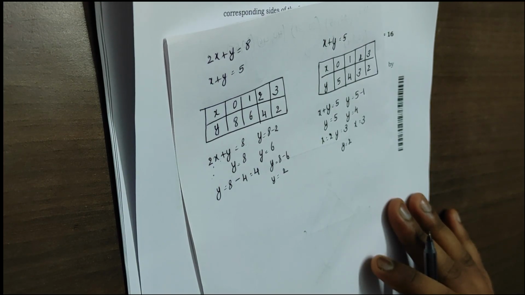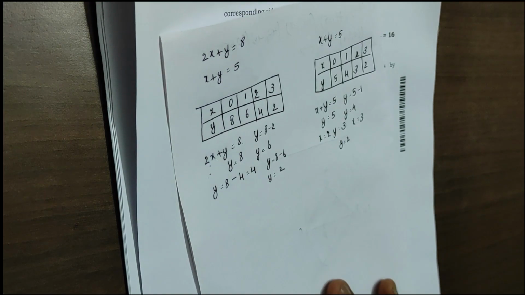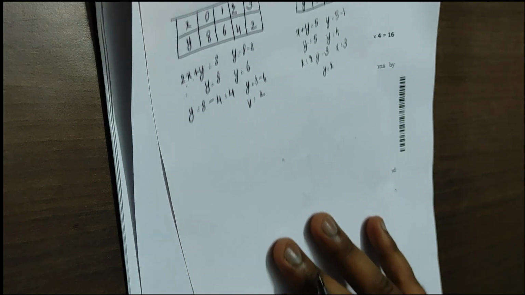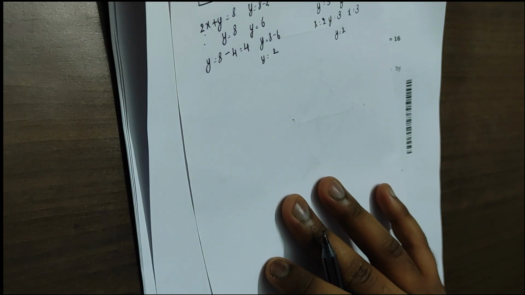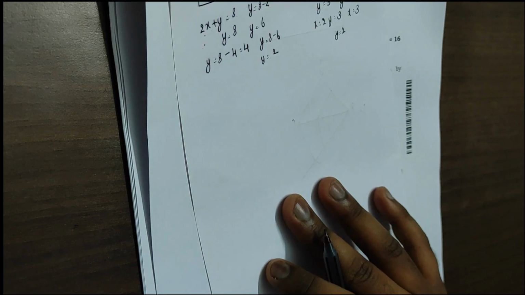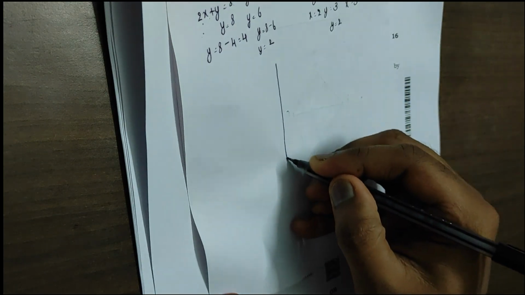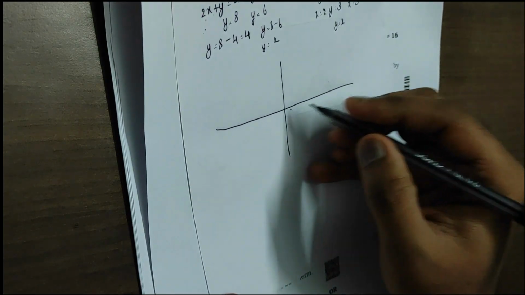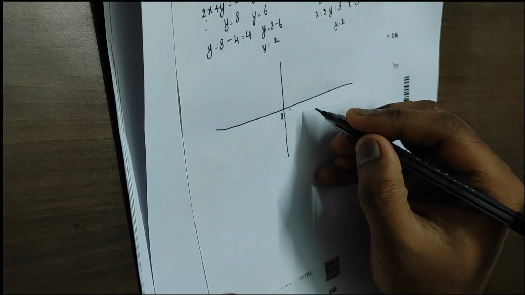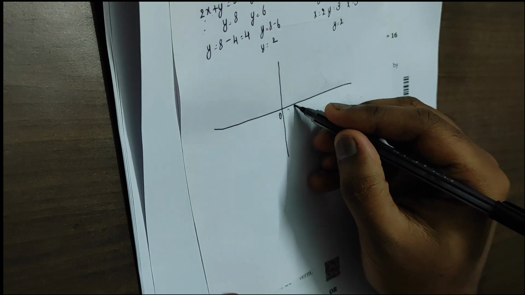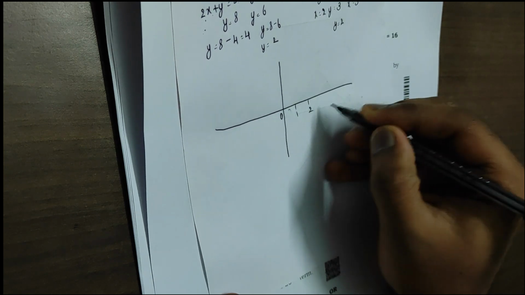Now the job left for us to do is the graphical solution. Let us see how to solve this graphically. Consider this as a graph. This is the origin, 0, 1, 2.